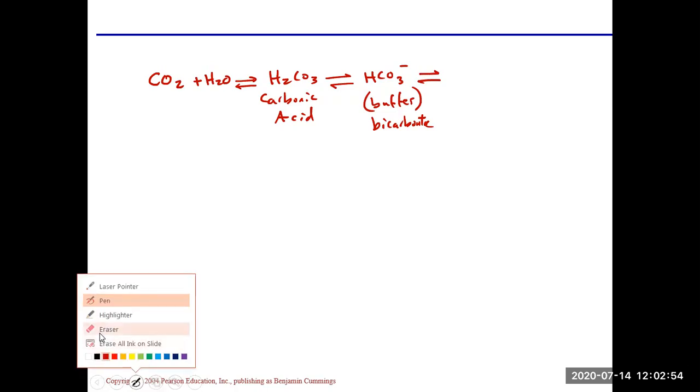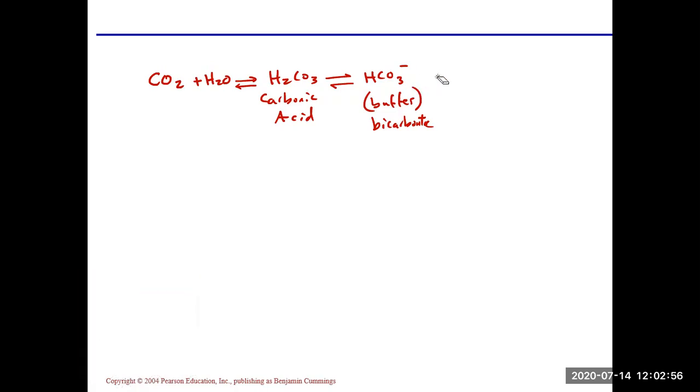And then what we also wanted to think about is the enzyme that can carry out this reaction, which happens to be the carbonic anhydrase. I just put Ca in here and Ca in here. Ca means carbonic anhydrase, and the carbonic anhydrase is an enzyme that can carry out this reaction. All right, so let's go ahead and analyze this.